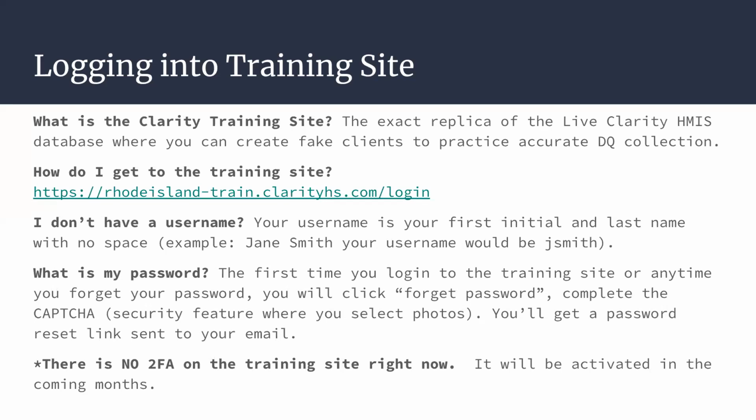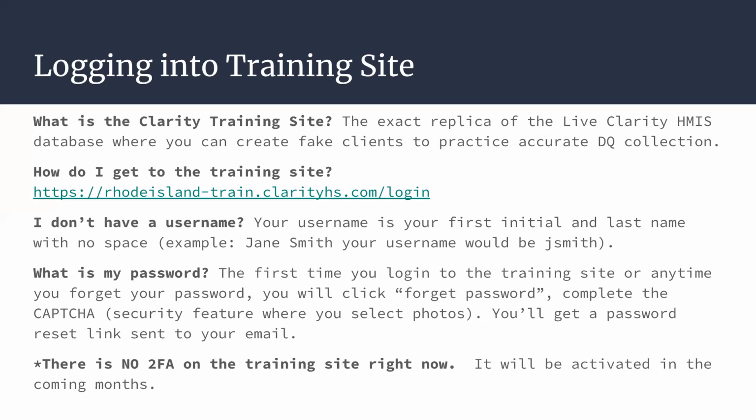The live site username and the training site username is literally the first initial of your first name and your last name. So if it was Jane Smith, it's J Smith. A lot of people are putting their entire email address into the username, and then it comes back saying user ID or username not identified, or there's no profile with that.